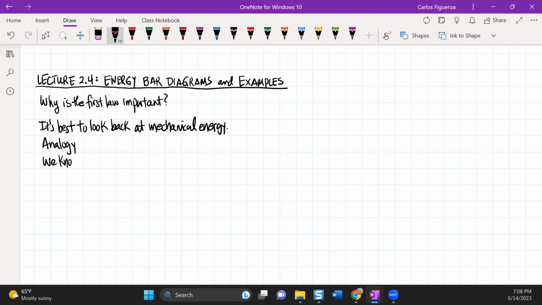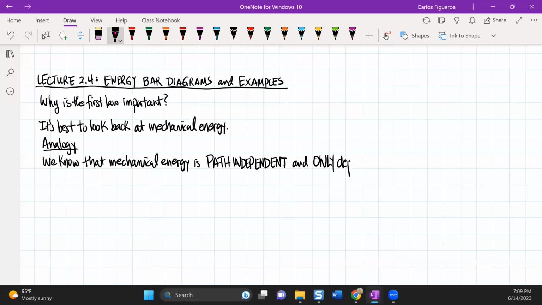We know that mechanical energy is path independent and only depends on the endpoint.